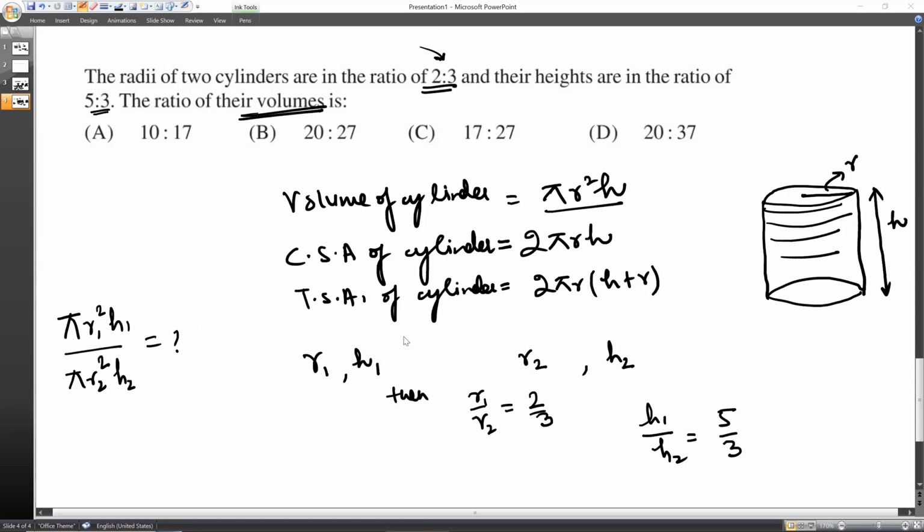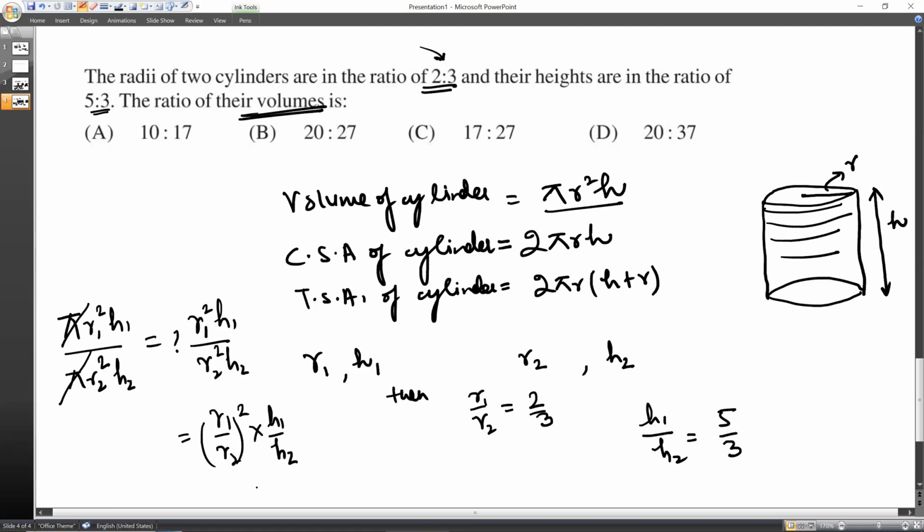So what you are going to get here is that pi will get cancelled out. This pi and this pi will get cancelled out. Only R1 square h1 upon R2 square h2 remains. Now you can write this as R1 upon R2 whole square into H1 upon H2.